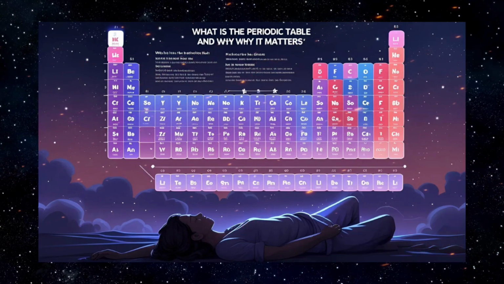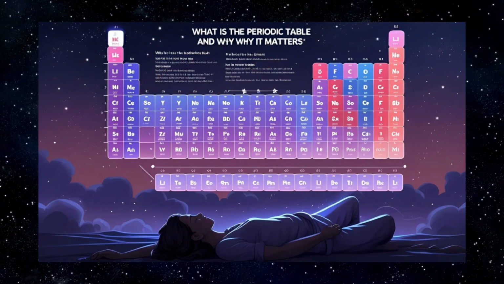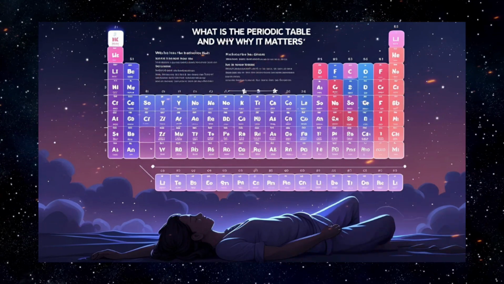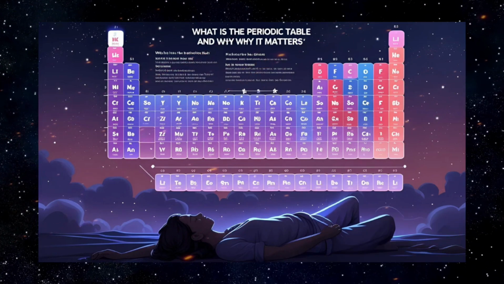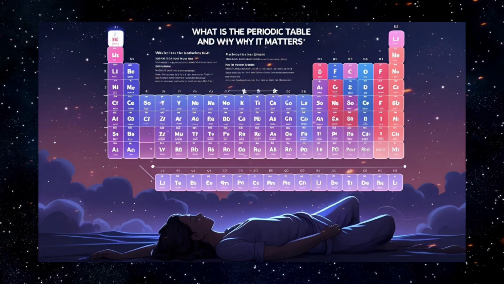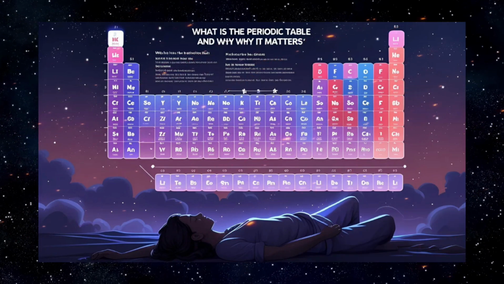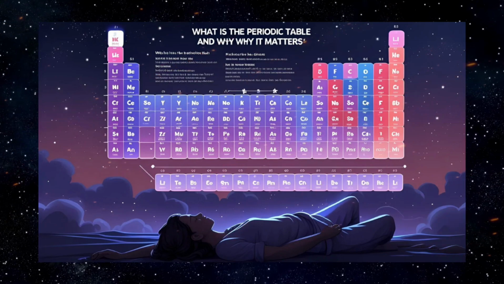Now we examine the periodic trends that emerge across the table, helping us predict how atoms will behave based on their position. These trends include atomic radius, ionization energy, and electronegativity. Although the periodic table appears static, its structure is full of movement, not physical but behavioral.